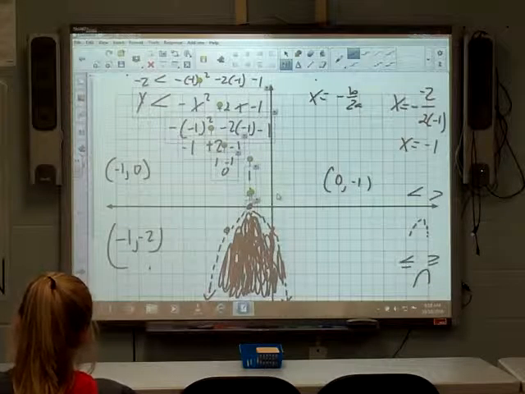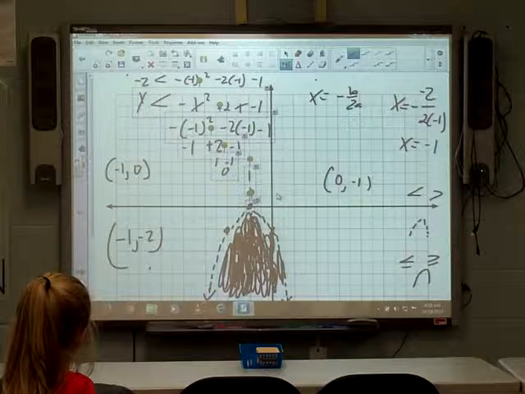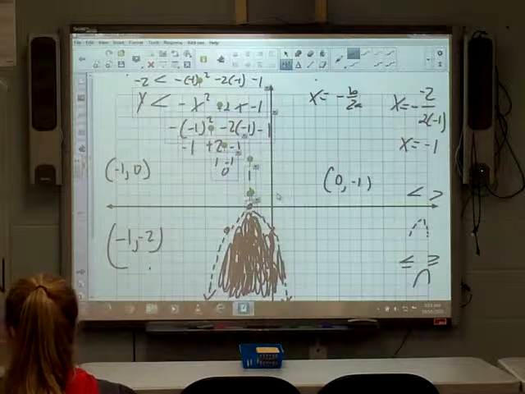Now, when the scribbling really gets fun is when you've got two parabolas and you have to find where the shadings of the two overlap. I know, let's do one.